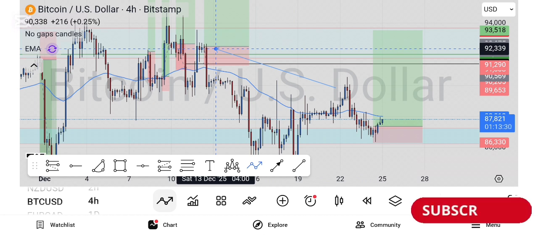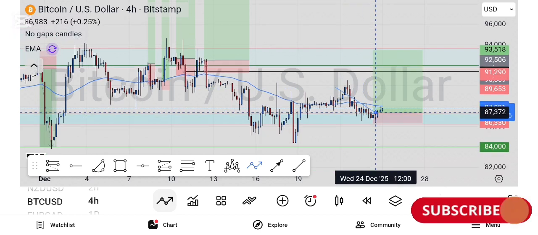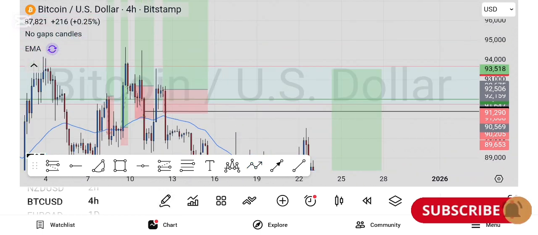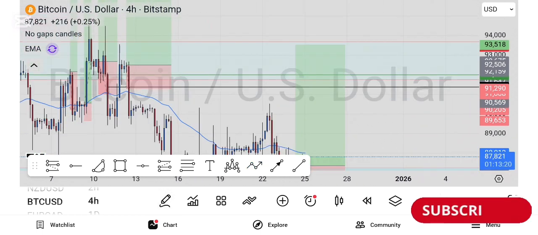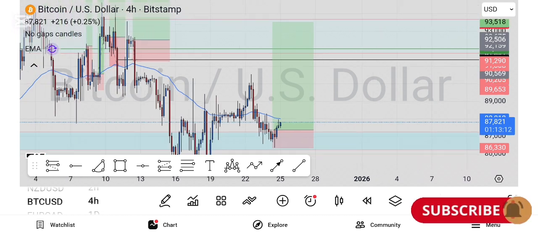For this trade, I'm expecting Bitcoin, this is my target on 93,000, but I'm expecting Bitcoin to head to 100,000 plus before next year, or even before next year, depending on how the market moves.